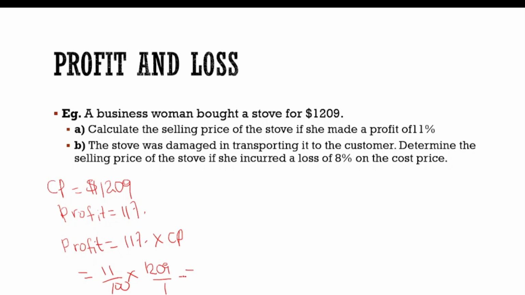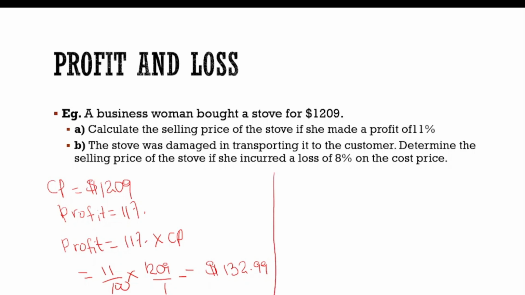And from your calculators, that will give you $132.99. So on this sale, to make an 11% profit, the dollar value assigned to that profit is $132.99.